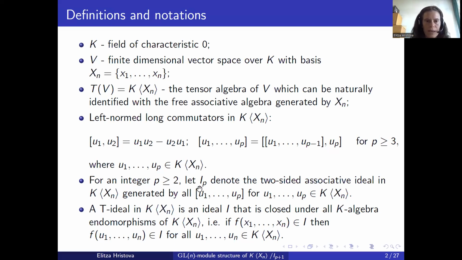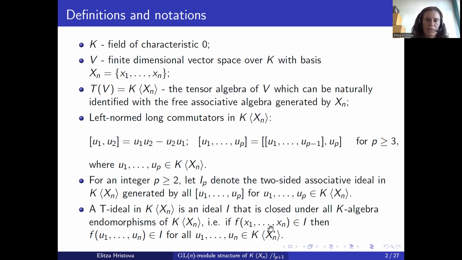These ideals I_p are examples of T-ideals, which is a very basic notion in the theory of algebras with polynomial identities. A T-ideal in general is any ideal in K of Xn which is closed under all K-algebra endomorphisms of K of Xn.